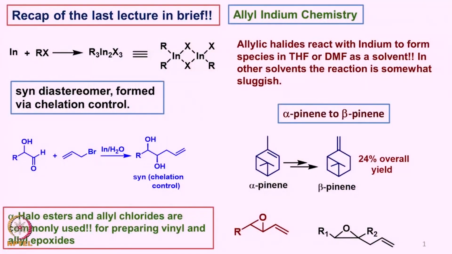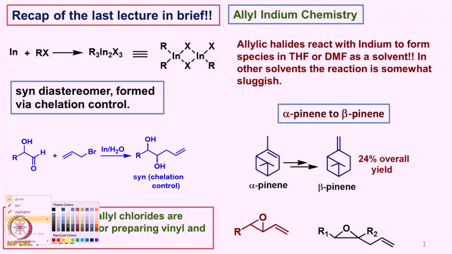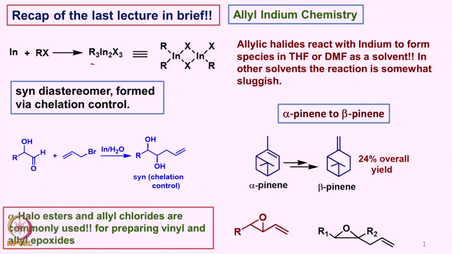We started with the allyl indium chemistry, and as you can see here, when indium metal is reacted with any halide, particularly allyl halide, then we get an intermediate of this type, of this kind here, and which has a structure of this type.